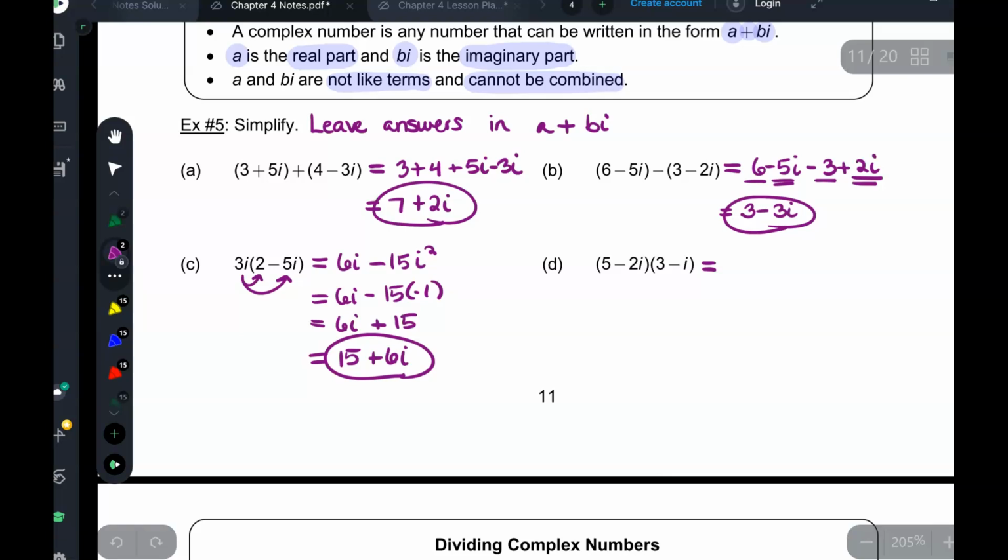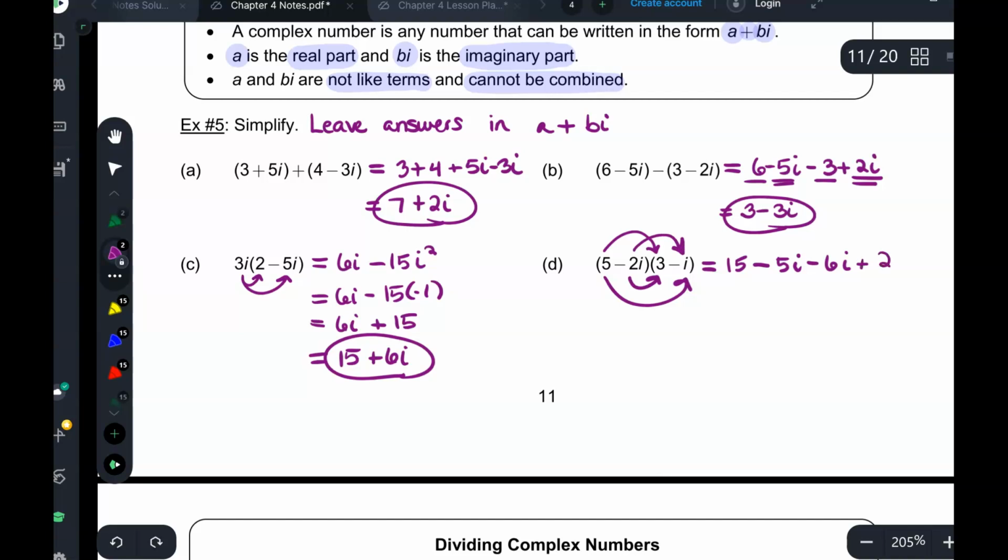Okay, next one, we have to FOIL. So I'm going to multiply 5 times 3, so that's going to give us 15. Then I'm going to multiply 5 times minus i, so that would be minus 5i. Then minus 6i. And last is going to be plus 2i squared. So I have 15.